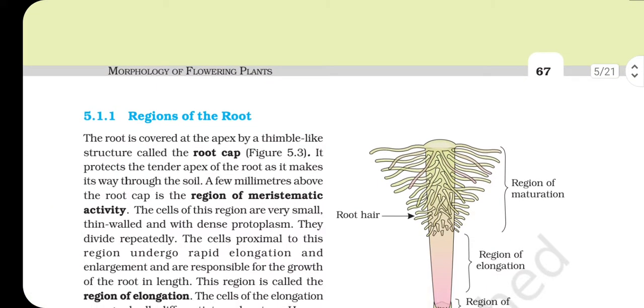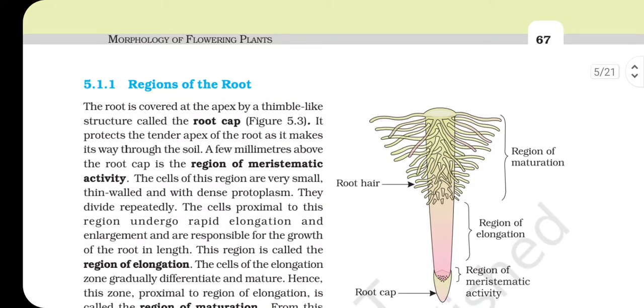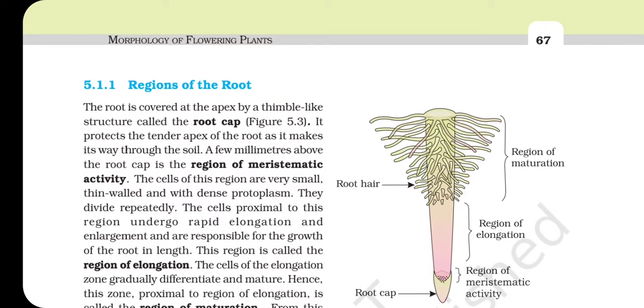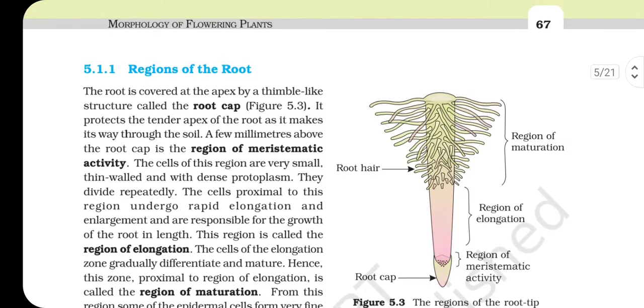Regions of the root. The root is covered at the apex by a thimble-like structure called the root cap. It protects the tender apex of the root as the apex makes its way through the soil. A few millimeters above the root cap is the region of meristematic activity.